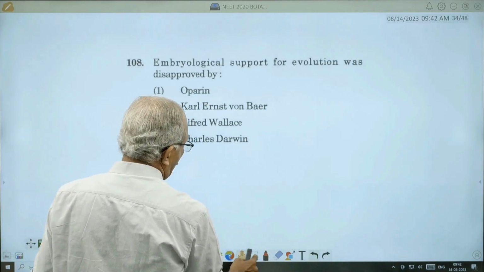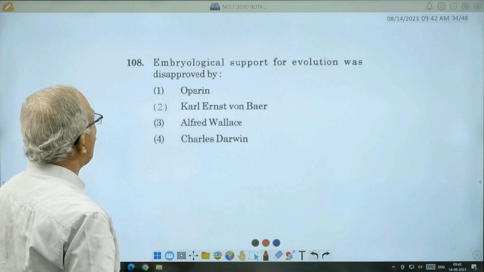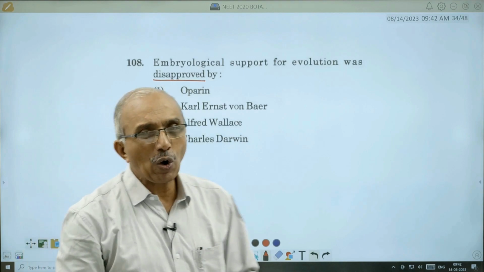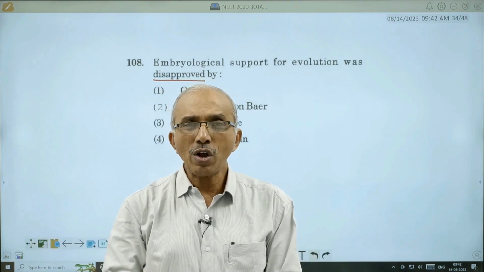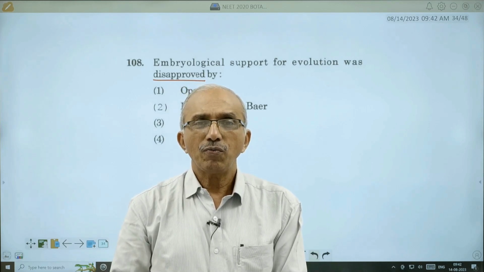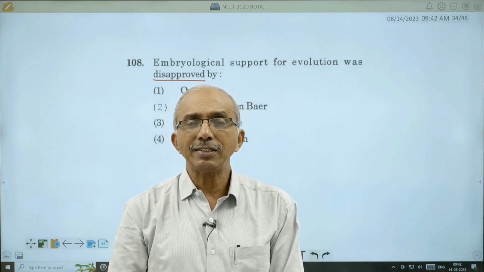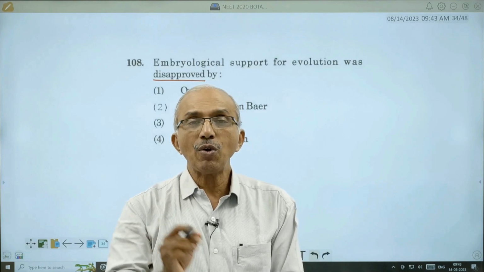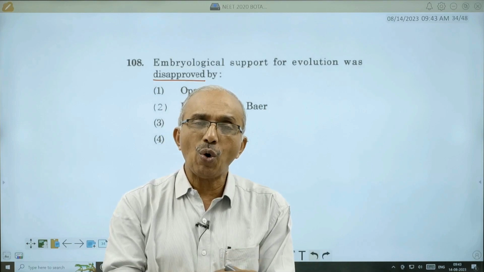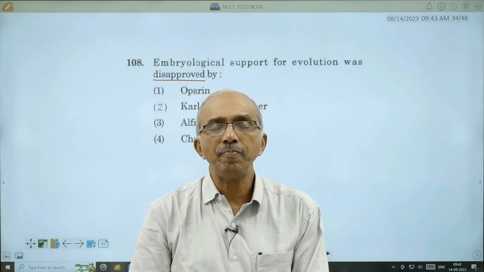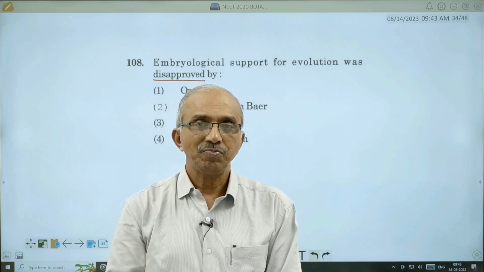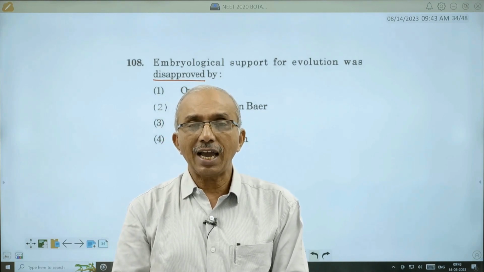Embryological support for evolution was disproved by whom? One of the strong evidences from embryology is that during the development of the organism, that is, during the ontogeny of the organism, it shows its phylogenetic, that is, ancestral characters.